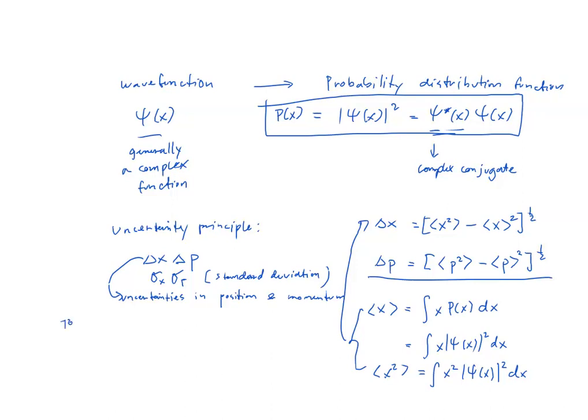Now, to get the momentum uncertainty or expectation value, kailangan mo pang i-convert psi of x to psi of p.